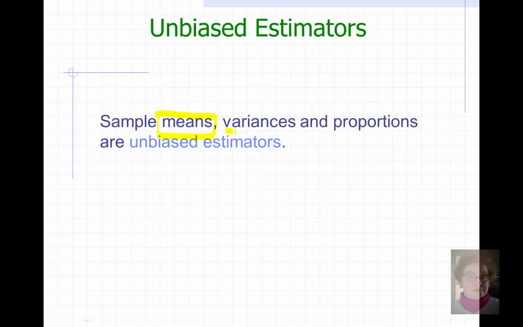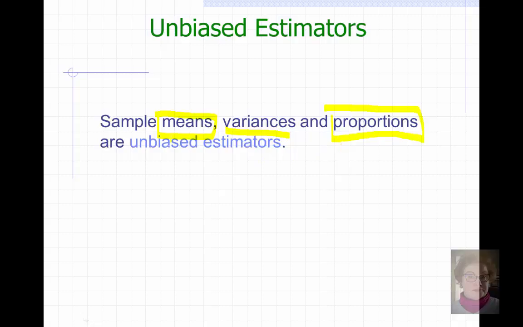The means, the variances, and the proportions are unbiased estimators. And what that means is they target the population parameters without any built-in error.